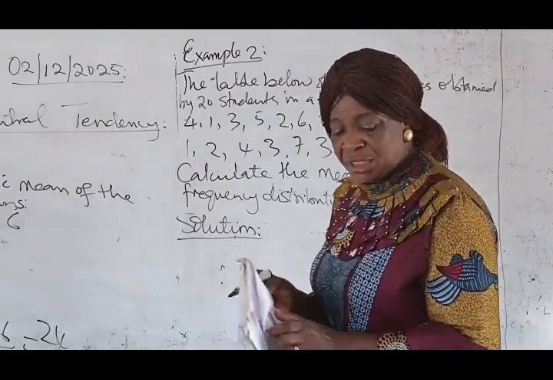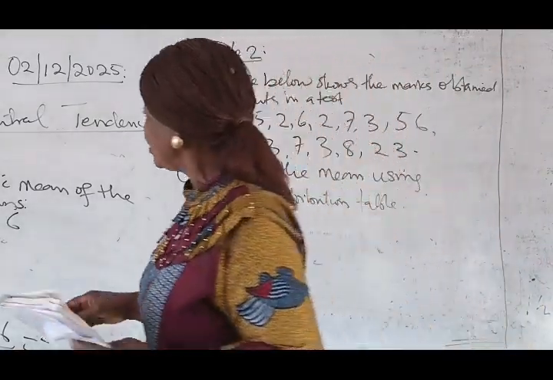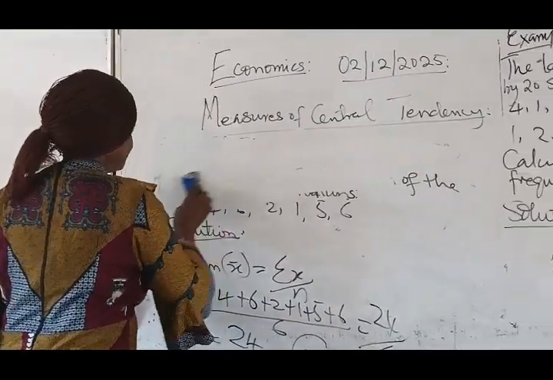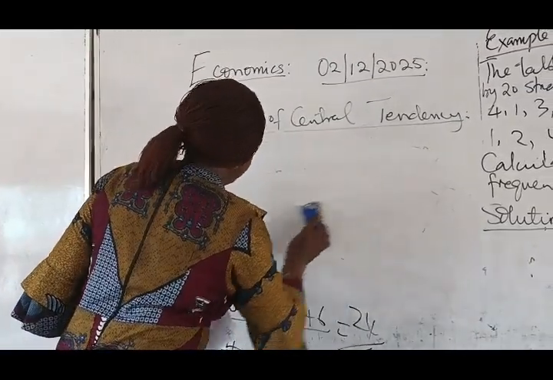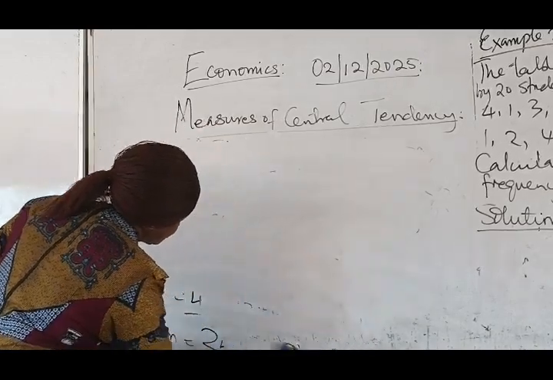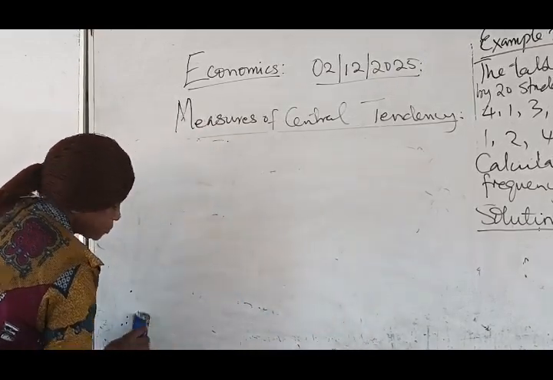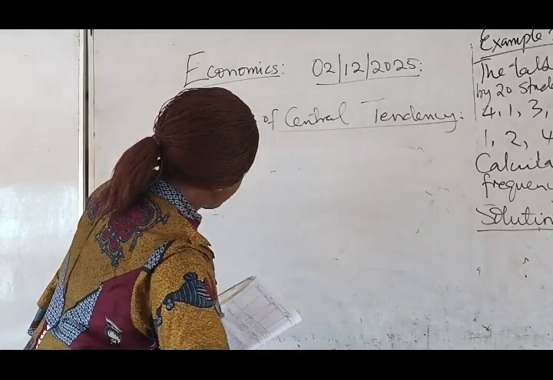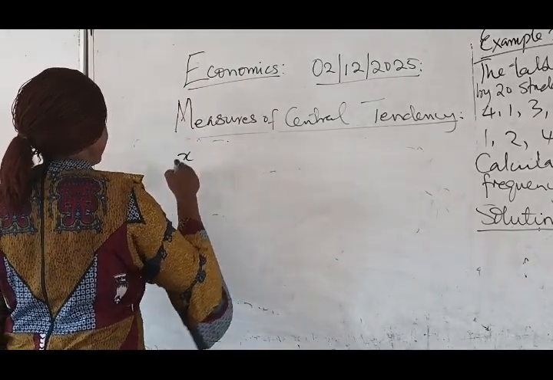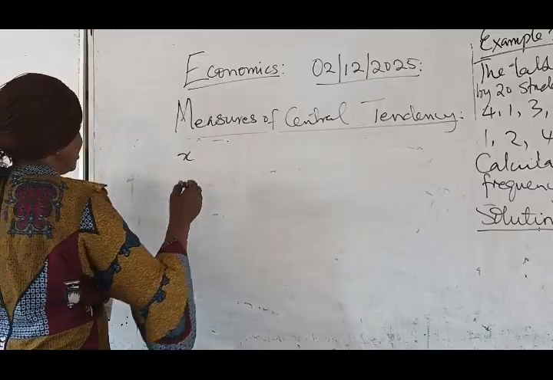Now, our frequency distribution table will look like this. We have x. This x here represents the marks obtained.